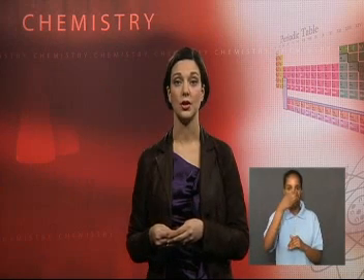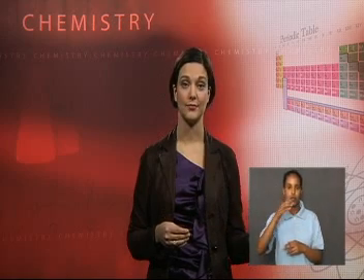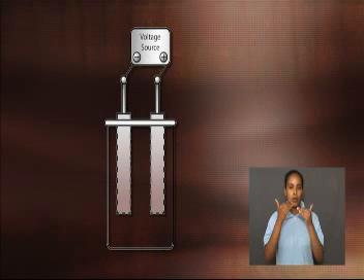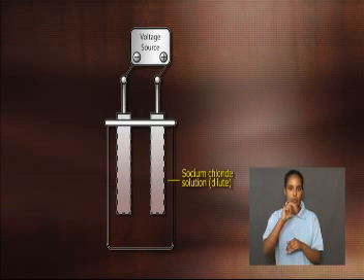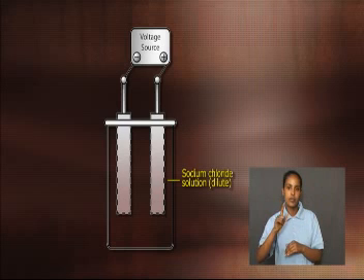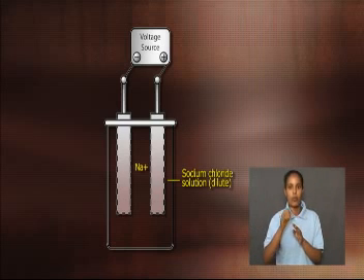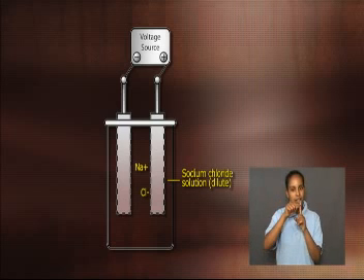Let us compare the reaction in a concentrated sodium chloride solution to the reaction in a dilute sodium chloride solution. In a concentrated solution of sodium chloride, the hydrogen plus ions are discharged from the cathode in preference to the sodium plus ions.